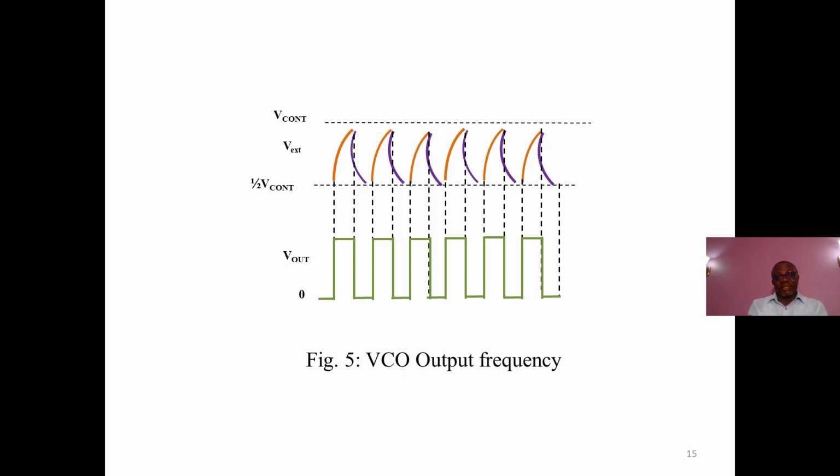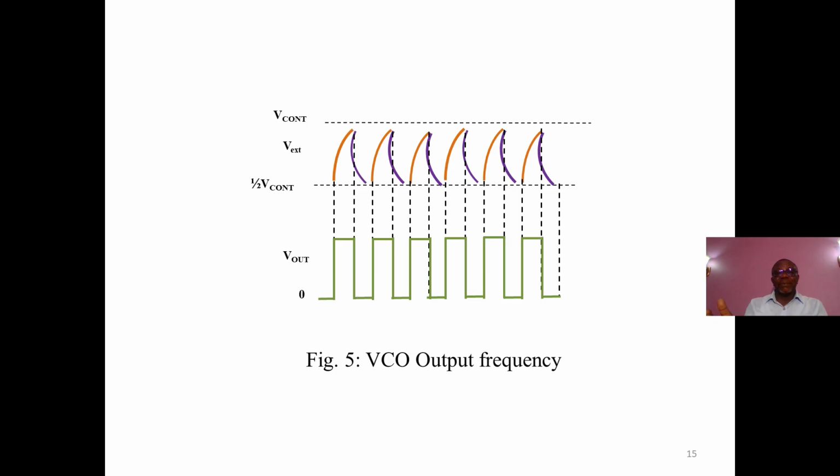And when that is happening, what you will be seeing is that when it is going up, it gives you the leading edge of the pulse. It follows a curve. So at the point where the curve terminates and starts going down, it gives you the trailing edge of the pulse. So when it gets to half V control, it continues to rise again. Your output remains constant until it gets up to the value of V control.